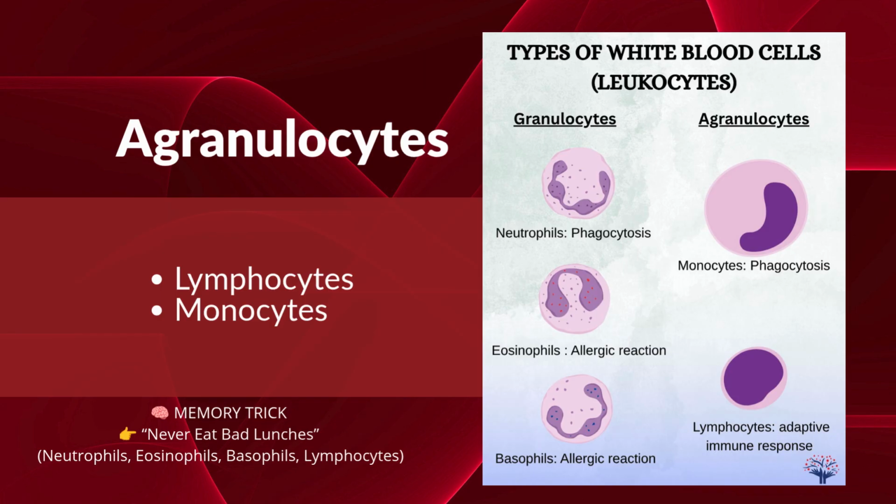So, what is the lymphocyte's function? It has adaptive immunity, makes antibodies, and responds to viral infections. Monocytes are about phagocytosis, which means they're part of the cleanup crew, and they become macrophages. Those are things that monocytes help find and get rid of.